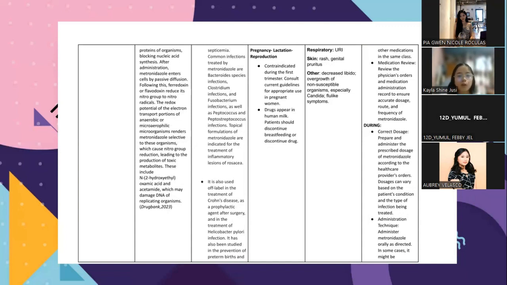Topical formulations of metronidazole are indicated for the treatment of the inflammatory lesions of rosacea. It is also used off-label in the treatment of Crohn's disease as a prophylactic agent after surgery, and in the treatment of Helicobacter pylori infection. It has been studied in prevention of preterm births.